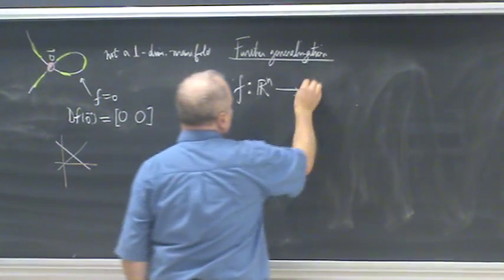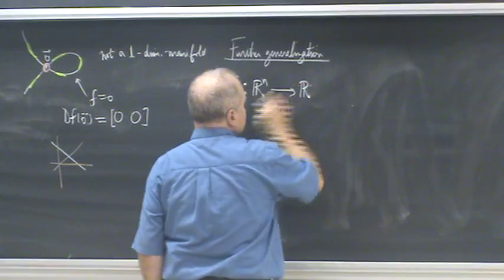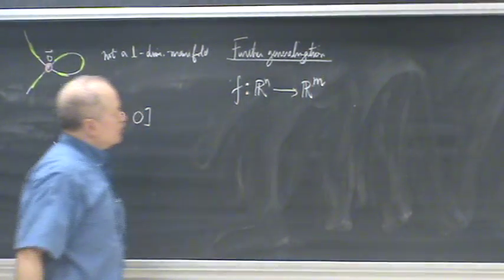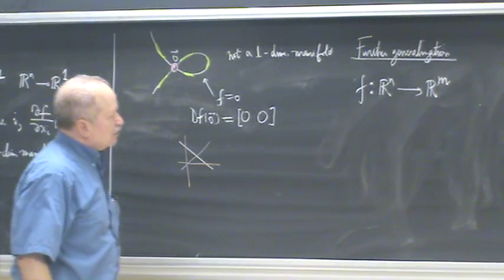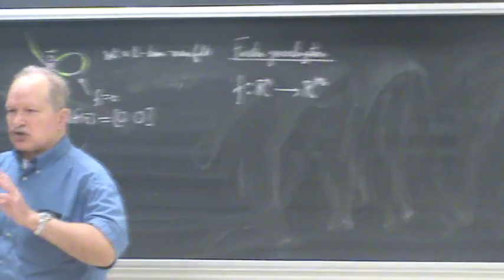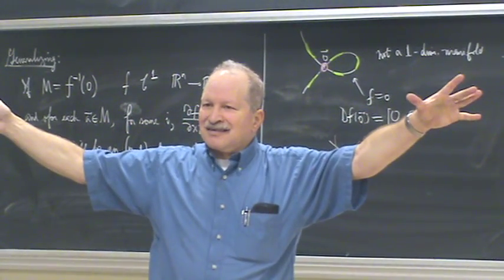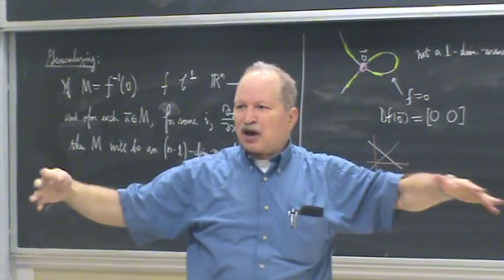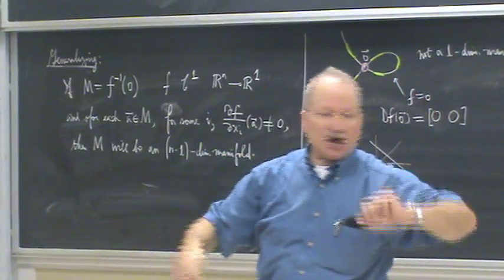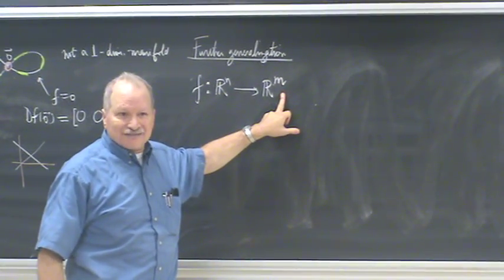Suppose I took multiple functions. So for example, suppose instead of just describing the temperature function as we move around in space, I do temperature and barometric pressure. So thinking about both of those, I'm mapping space to R2.